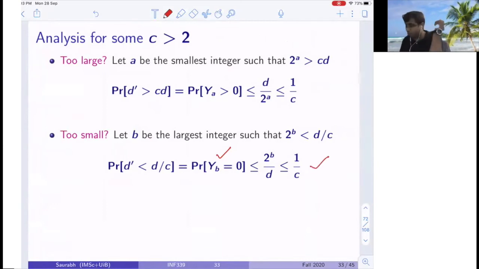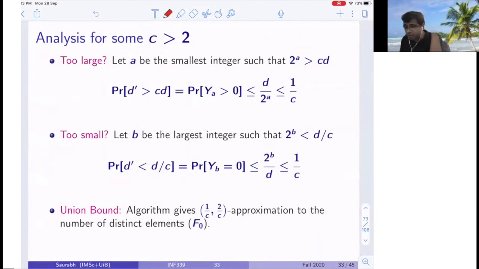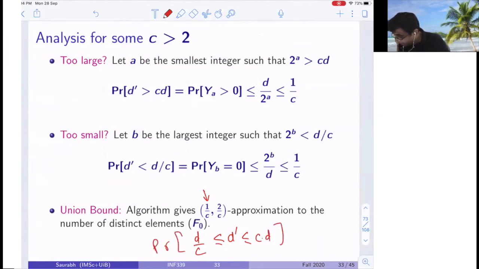So what did we show? If you take the union bound, this algorithm gives you a c approximation to the number of distinct elements. So our estimate d prime is between d over c and c times d with probability at least 1 minus 2 over c, because this is the error probability which you bounded.